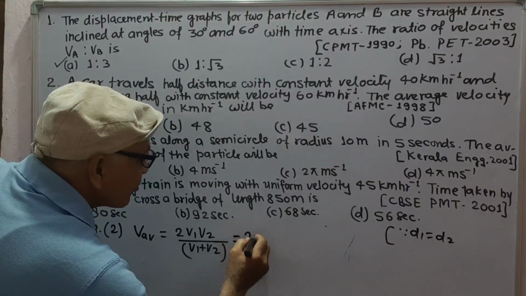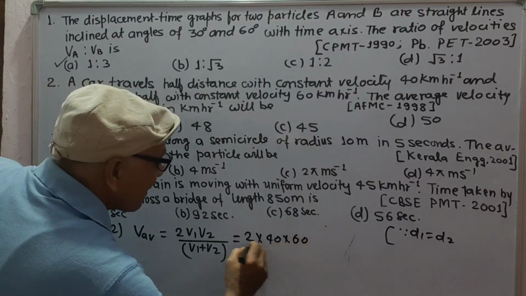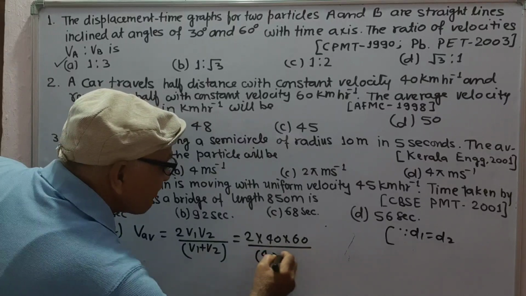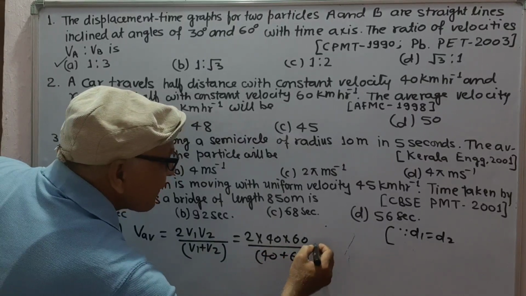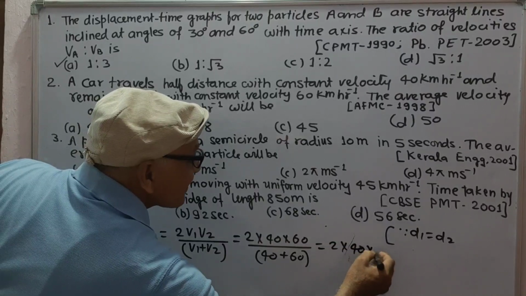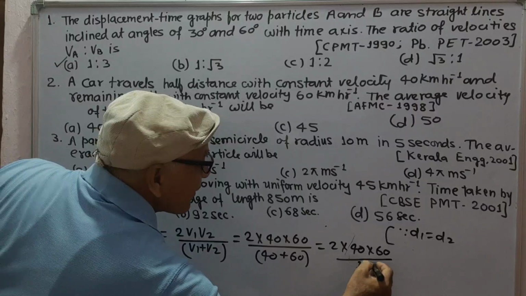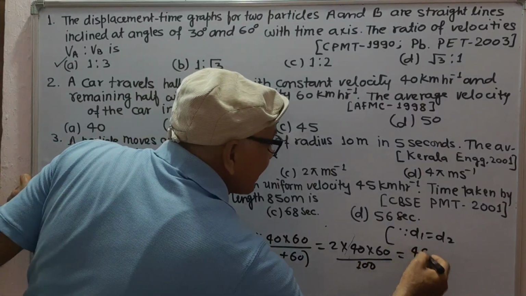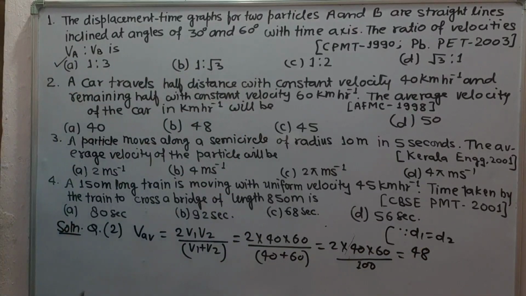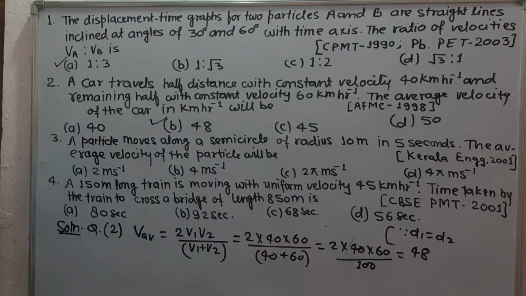So 2 into 40 into 60 upon 40 plus 60, which gives 2 into 40 into 60 upon 100, which finally gives 48. So the correct option will be B, 48 km per hour.